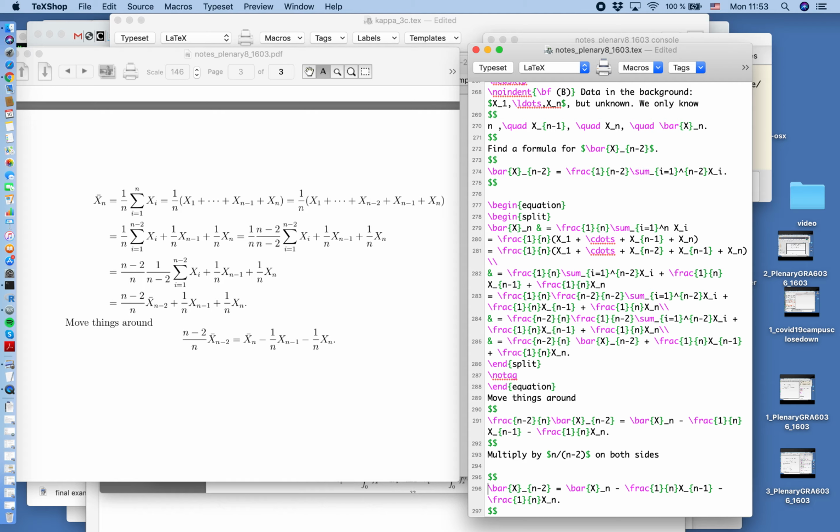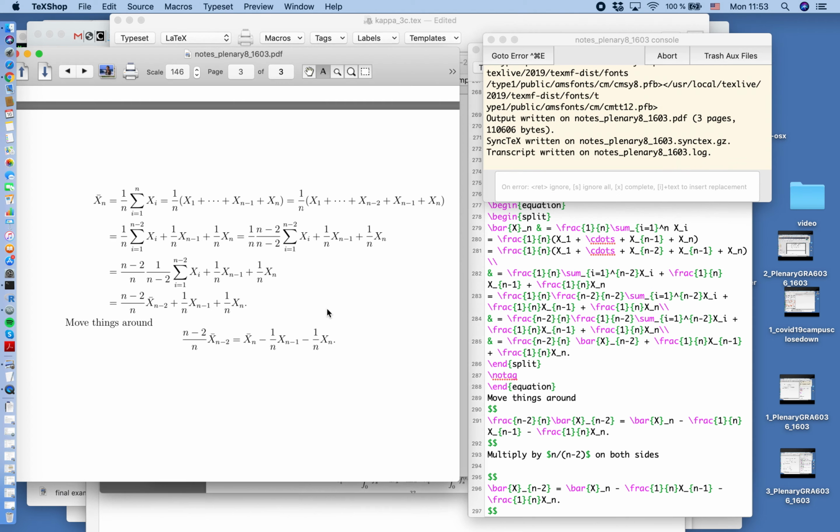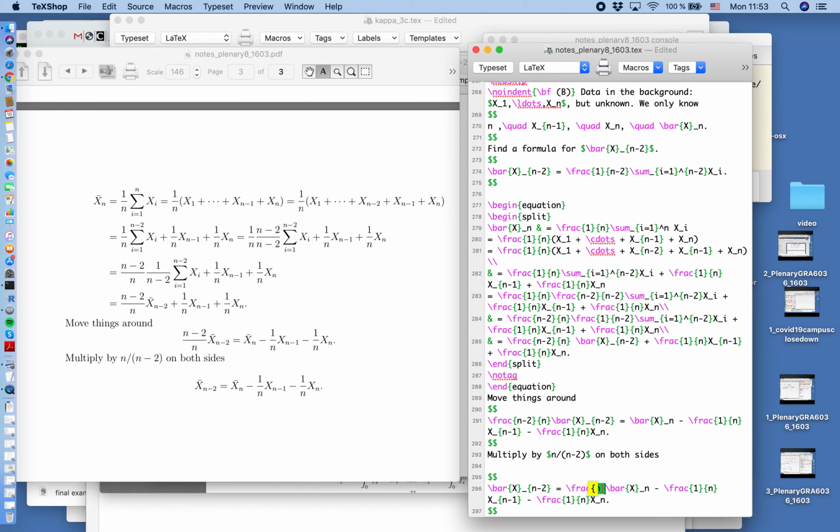So this first here disappears. And then we have to multiply this mean by n divided by n minus 2. So we get n minus 2 here.